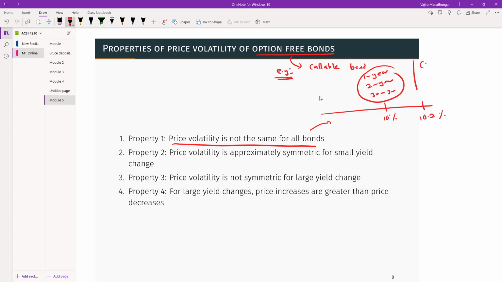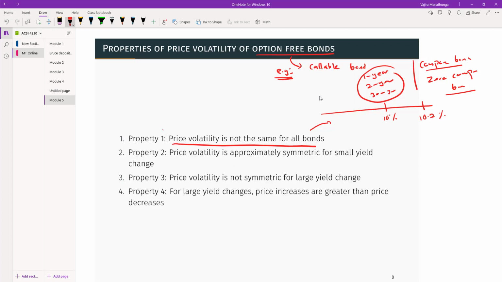Also, you have coupon bonds and coupon-free bonds. For that also, you are going to see different results. So maturity-wise, coupon-wise, and also the coupon rate, how much coupon you are going to get. So many factors are going to affect it.